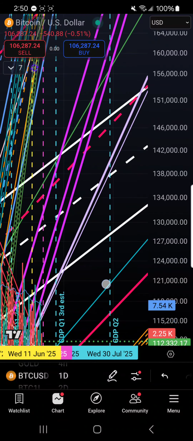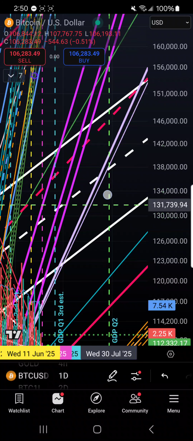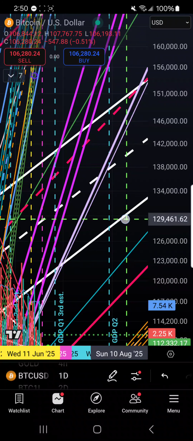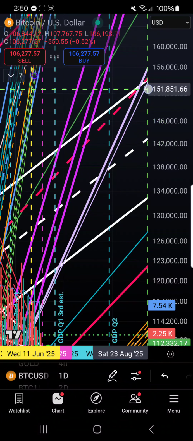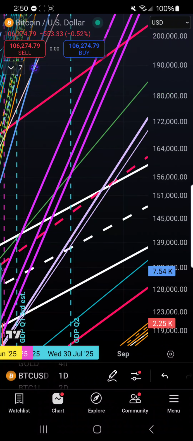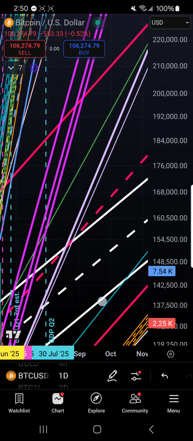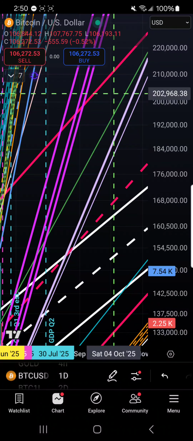And then we will see some sort of consolidation within here for the wave 4 correction, or consolidation, whatever you want to call it, before continuing on for our wave 5 within the wave 3, which could get us up around $200,000, I should say, into October, November.